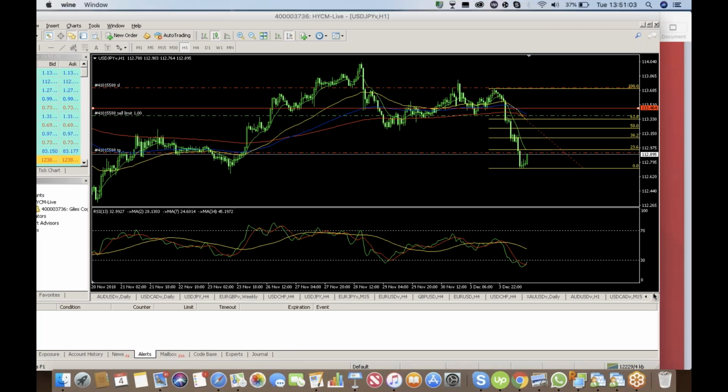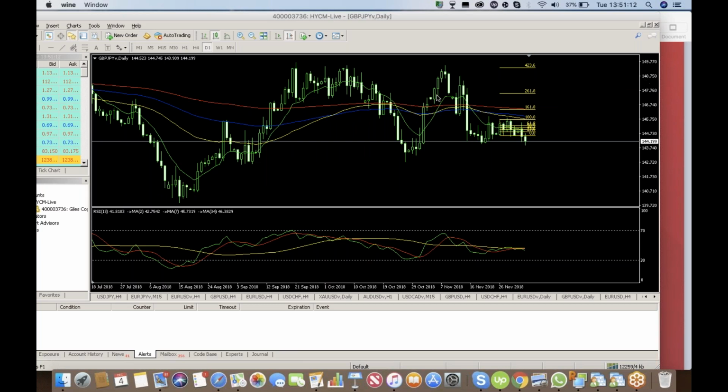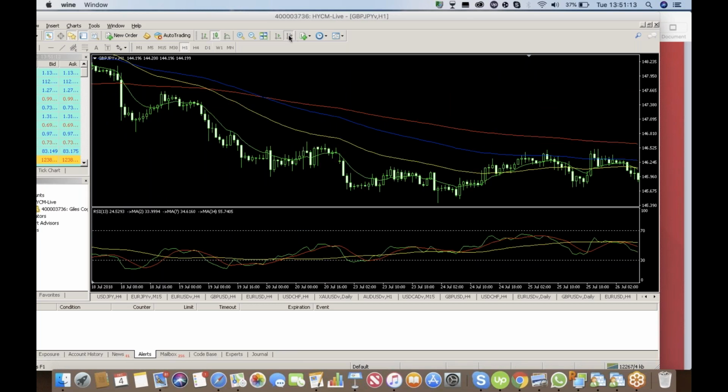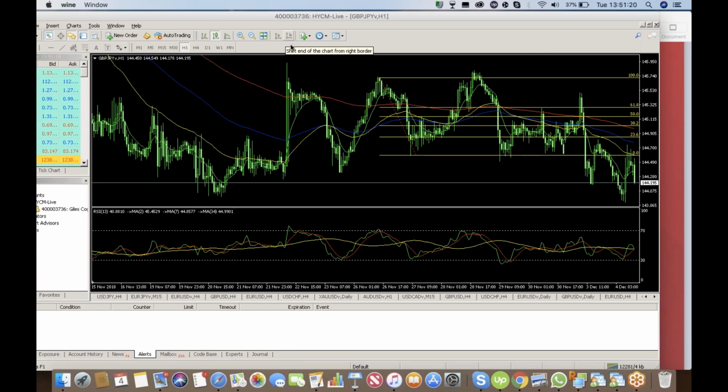So I'll show you the trade that I've just taken on the pound yen for my fund. I'll talk you through it briefly. Let's get rid of that fib retracement level.